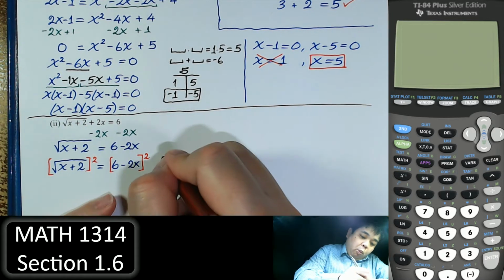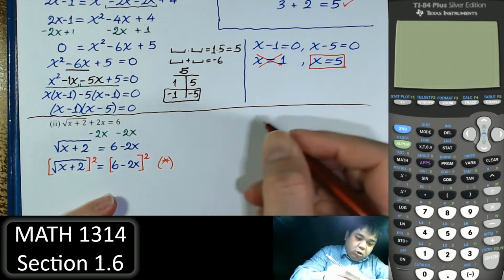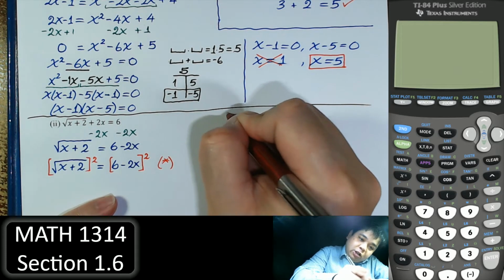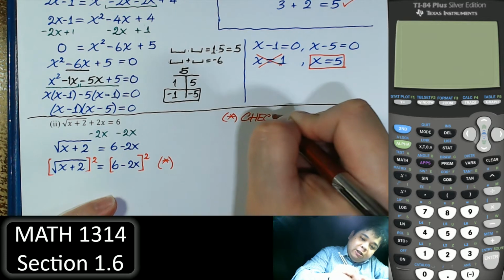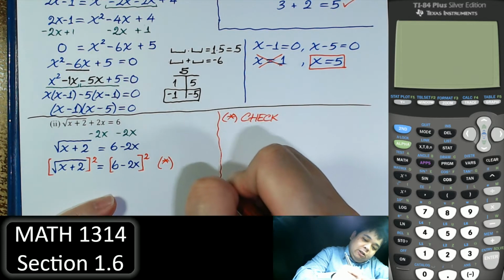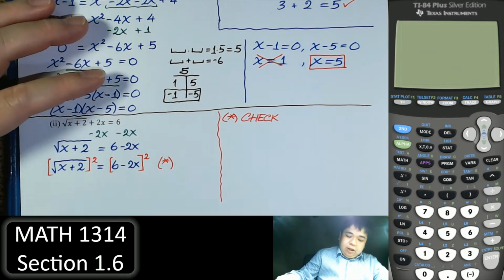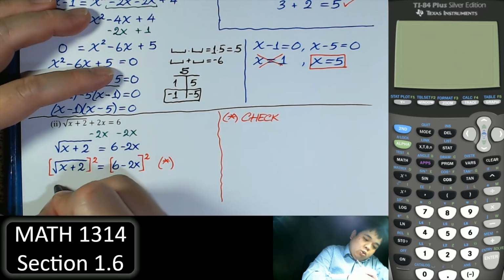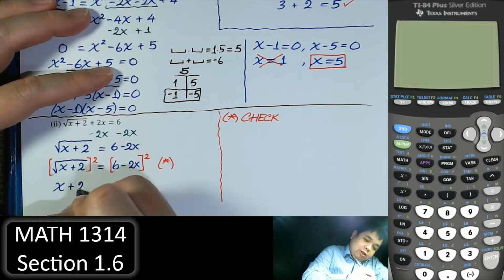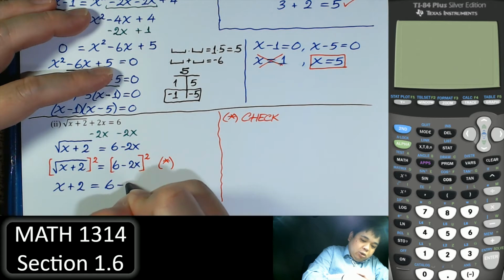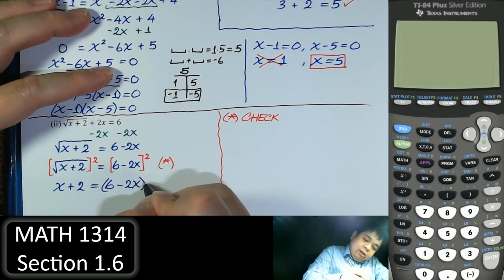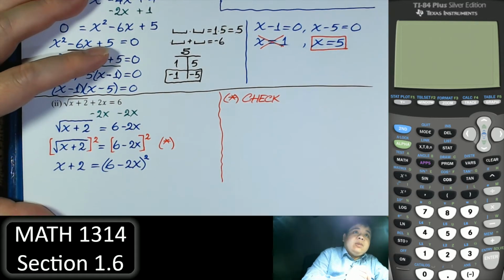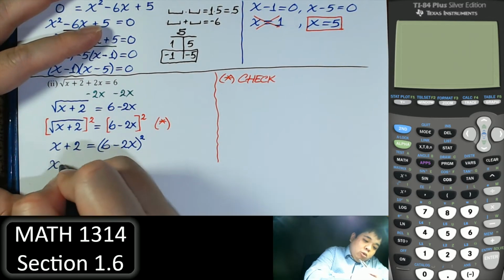Remember, every time we square both sides, make sure we check the answer at the end. So the square cancels the square root, and here we have (6 minus 2x) squared. Squared means multiplied by itself.